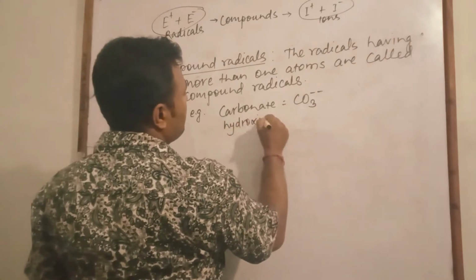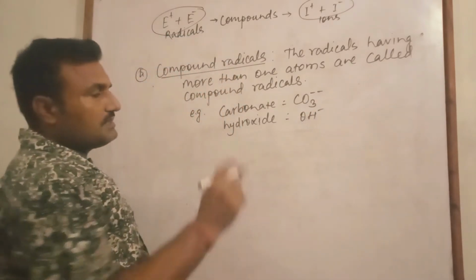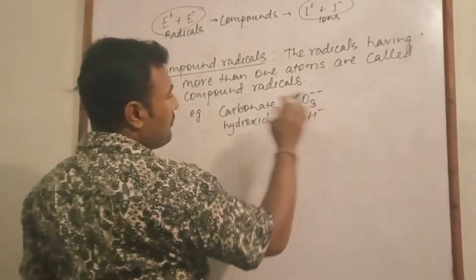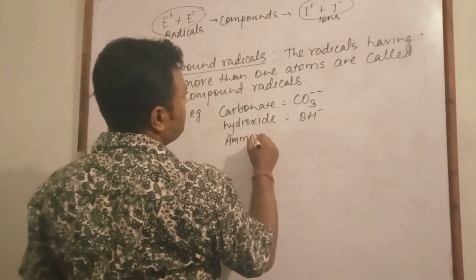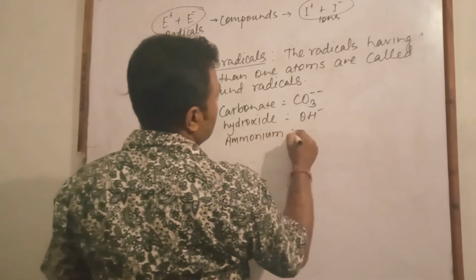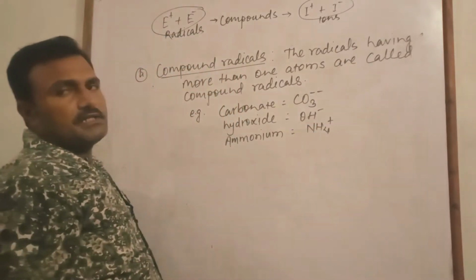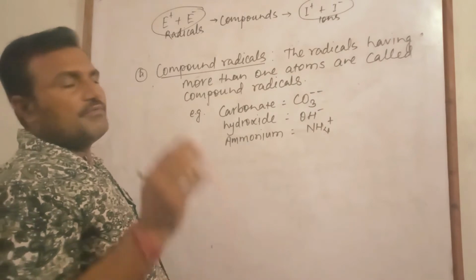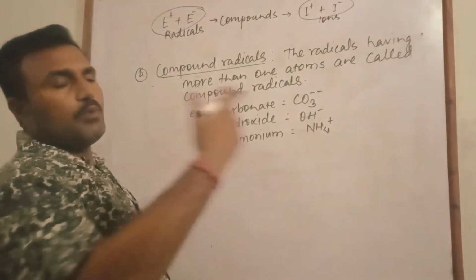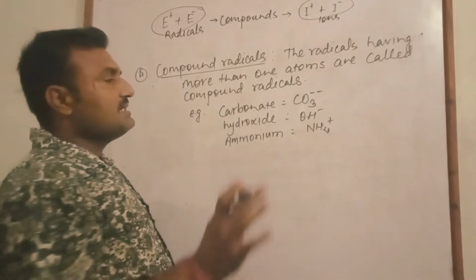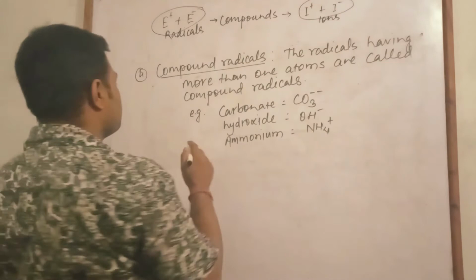Hydroxide, OH minus, contains one oxygen and one hydrogen. Similarly, ammonium, NH4 plus. So all these radicals which are made from more than one atom and have a charge on them are called compound radicals.